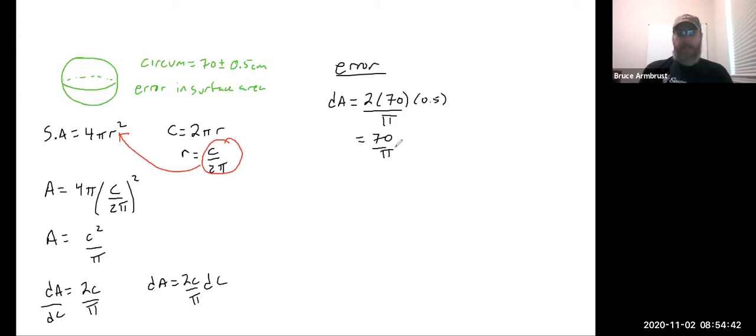So this is equal to 70 over pi, which is some number slightly bigger than 20. So there's the potential error in the measure of the surface area of the sphere.